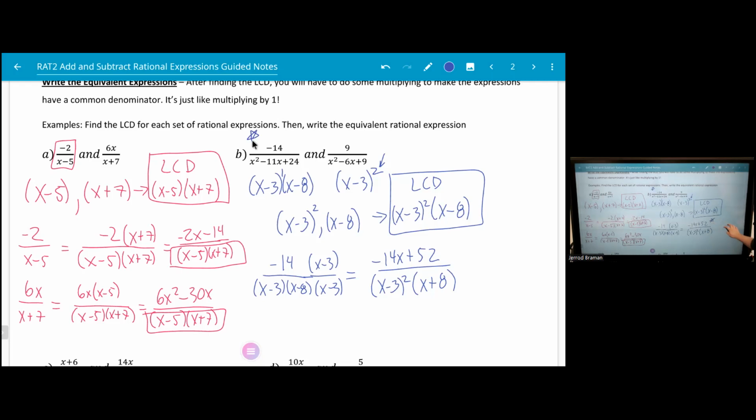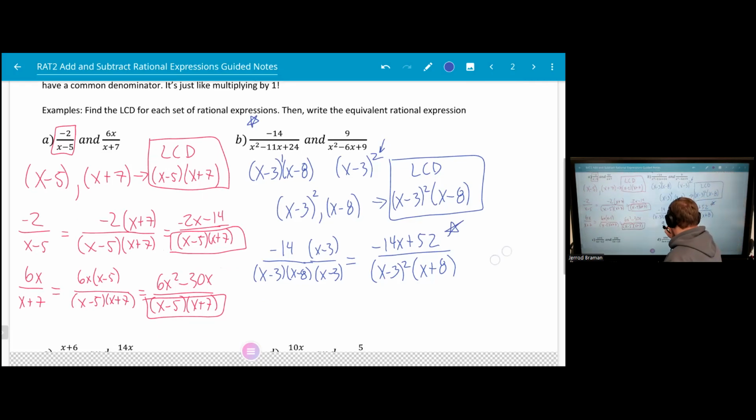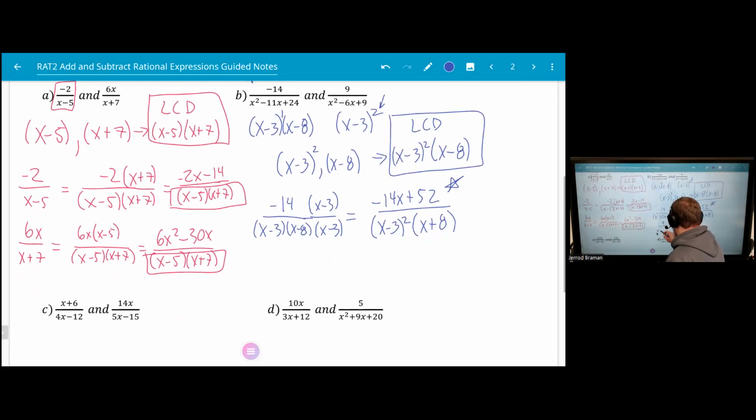Now we got to do our second one. I've got 9 divided by (x minus 3) squared. But I need that common denominator. I need that denominator to be (x minus 3) squared times (x minus 8), which must mean I need to multiply the numerator and denominator by (x minus 8) divided by (x minus 8).